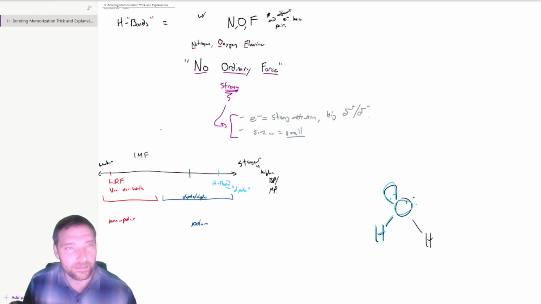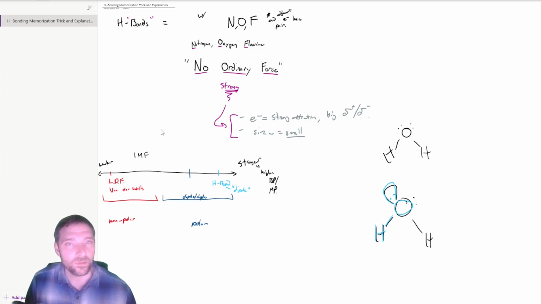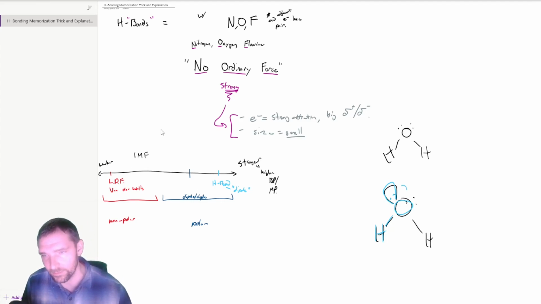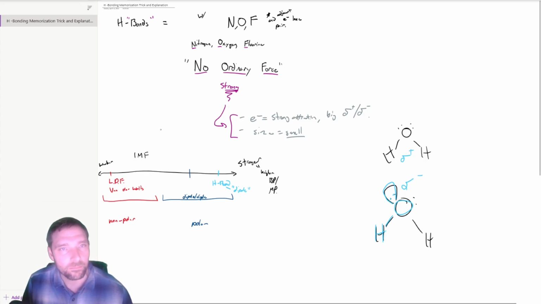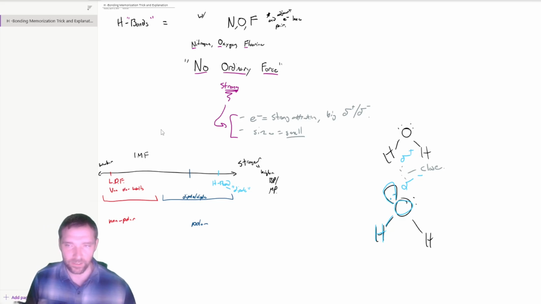Because of that, if there's other hydrogens around, they can interact with these things, but they're really, really close. So not only does this thing have a partial negative charge and this have a partial positive charge, but the distance between them is very small. So this is close. These are very, very strong interactions.